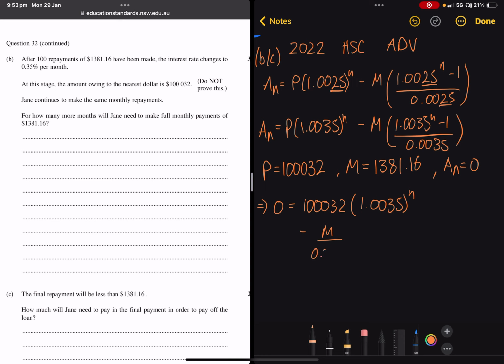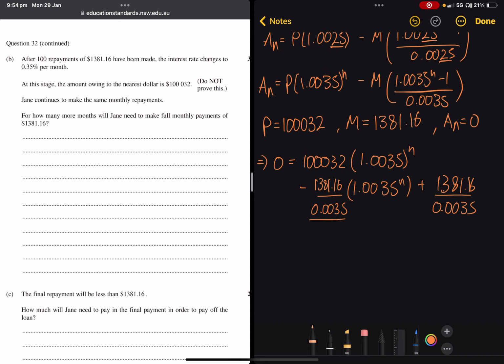M over 0.0035 times 1.0035 to the N plus M over 0.0035. Now, of course, we know that M is 1381.16, so we can plug these in as well. So this is 1381.16. This is 1381.16.